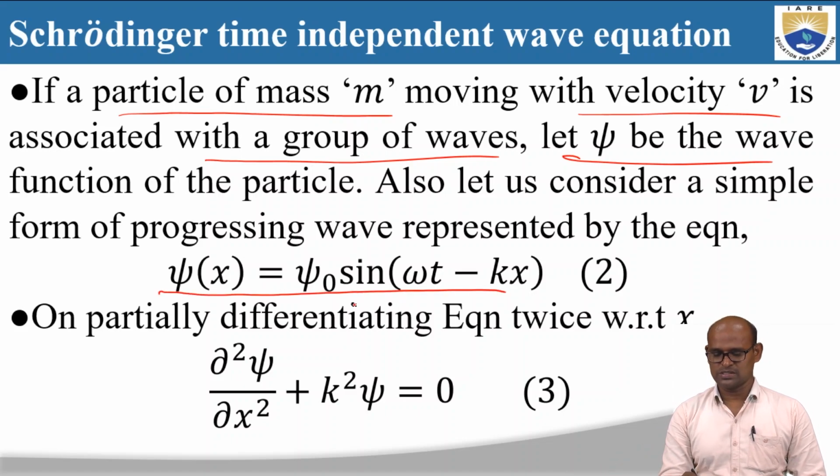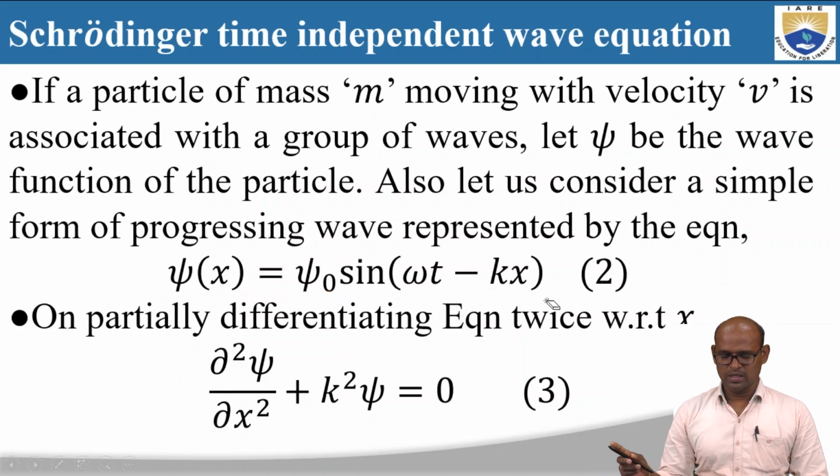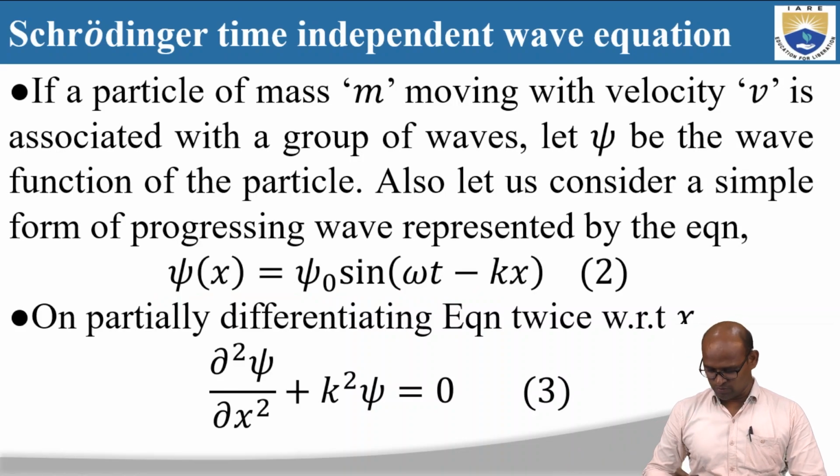Psi of x is equal to psi naught into sine of omega t minus kx. Then we are going to differentiate this wave function twice, because in general the wave equation is a second order differential equation, right? So by differentiating this wave function, we are going to get this.